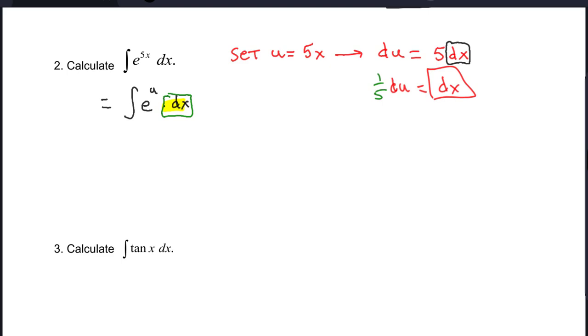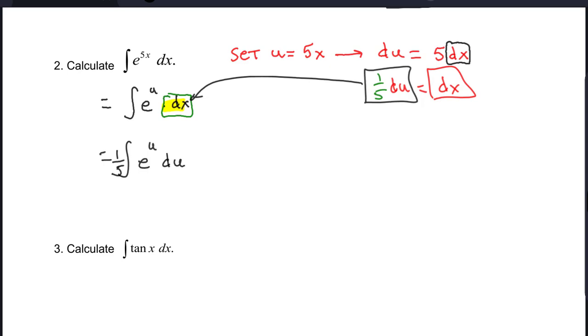There it is. dx is isolated, which means I can make a substitution for that remaining x stuff. So we're going to get the integral of e to the u, take dx out, substitute in 1/5. I'm just going to throw the coefficient out front, du. We just changed a hard integral into an easy integral.